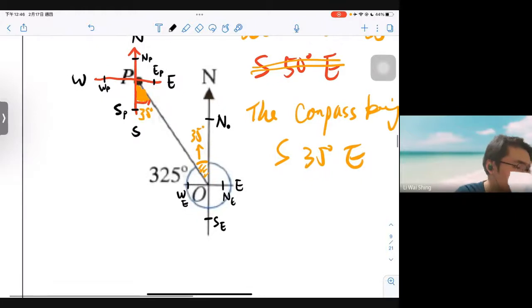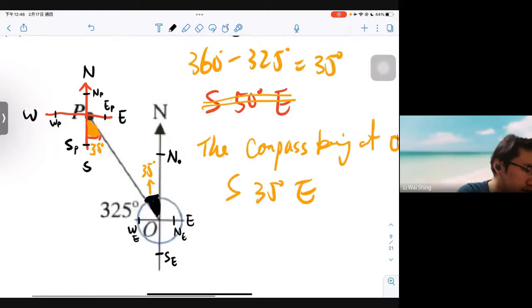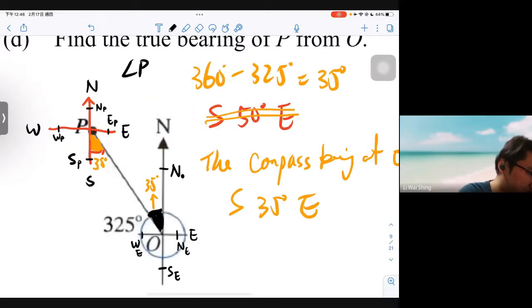For example, you want to mention this angle, 35 degrees. Okay, you can just write angle PO and O is equal to this angle.